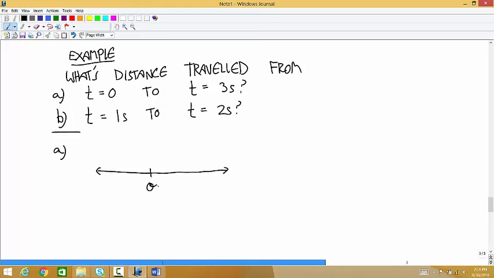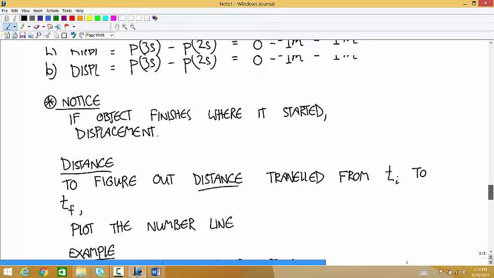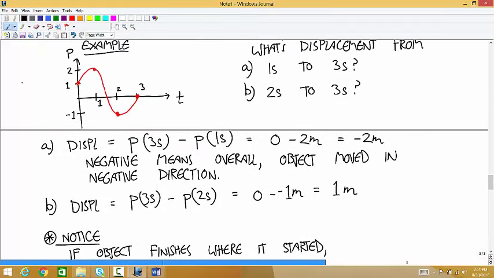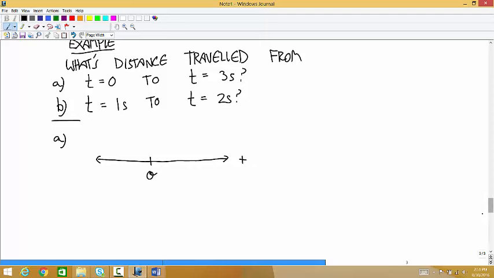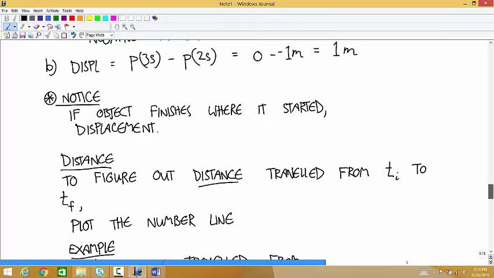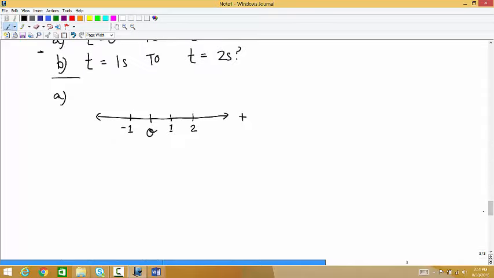Okay, so for part A, I'm going to plot that motion on a number line. So there's the 0 position. This is the positive direction. On a number line, this object goes from position 1 to position 2. So I'll plot that first. So that's 0, that's positive 1, positive 2, negative 1. And we know that it starts out by going from 1 to 2.